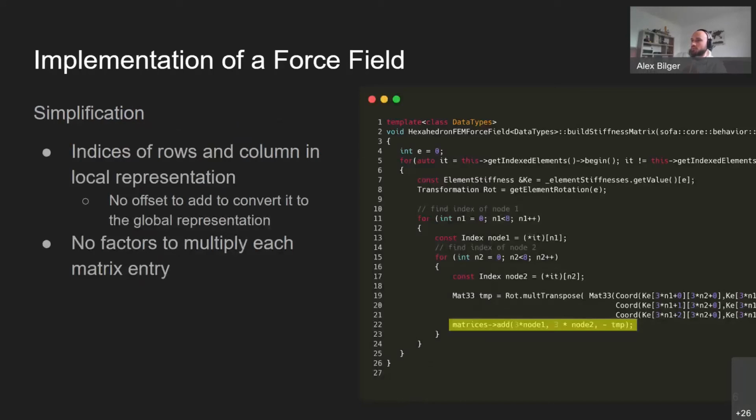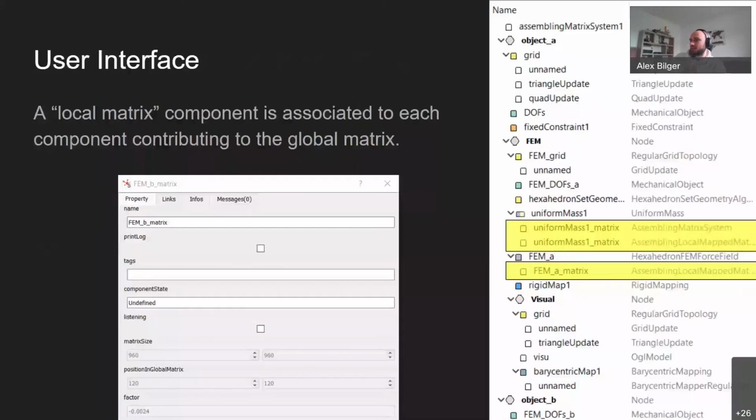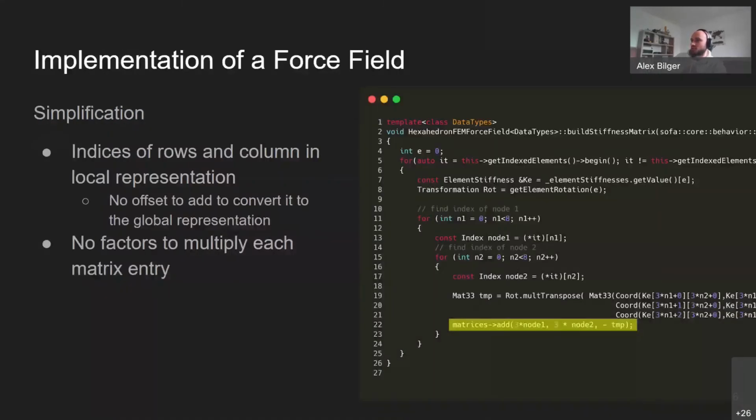So that was for the user interface, and now the changes in the C++ code. For example, if you want to implement or adapt your force field, there is this new function that replaces the add k to matrix function. The goal was to simplify the implementation of this function.